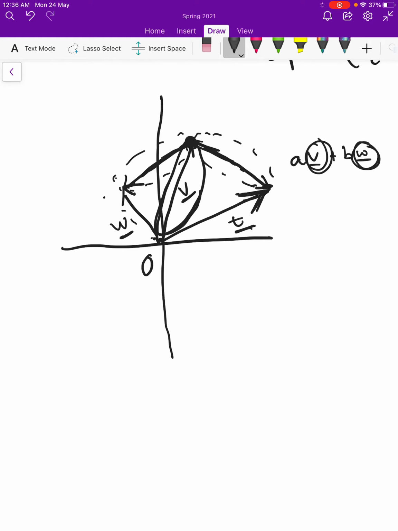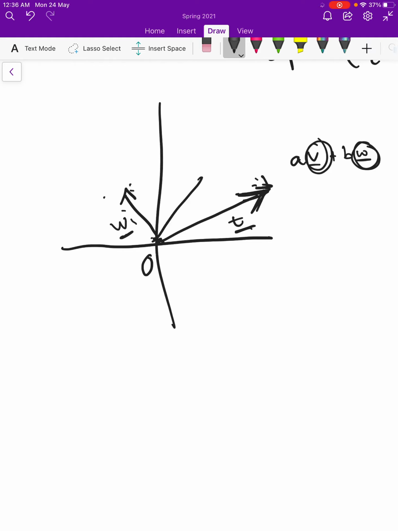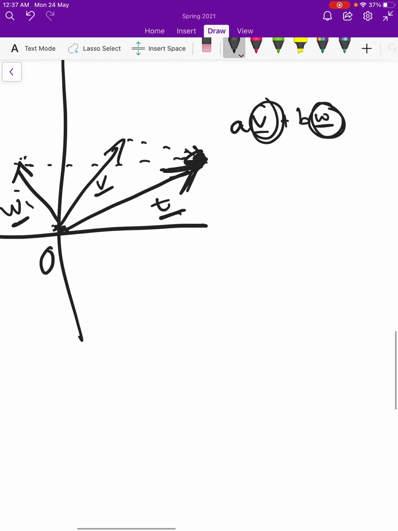So just for demonstration purposes, I'm going to slightly erase this so I can quickly show why we can make it any way we want. Say V is here, excuse my drawings. Now we can connect T and V together and V and T together. Now T is the starting point. And that's basically how you do it.